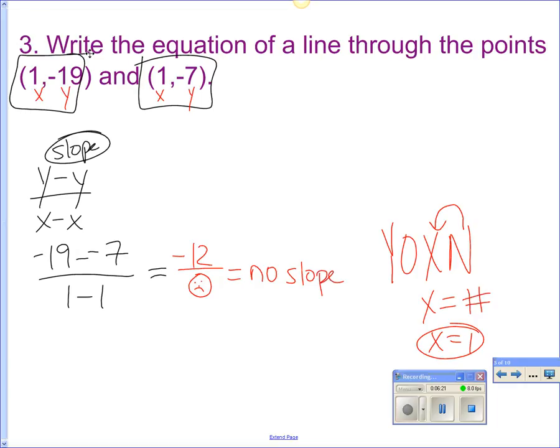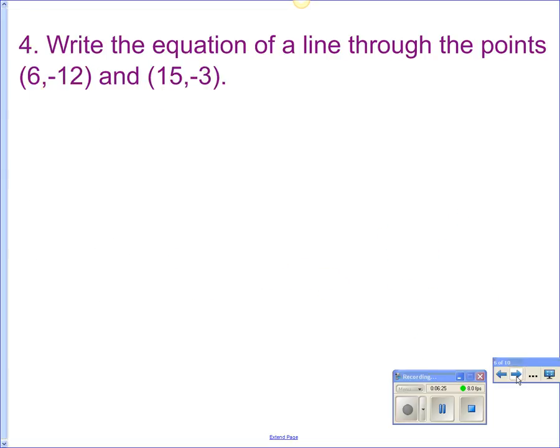Okay. Other questions? Okay. Number 4, write the equation of a line through the points (6, -12) and (15, -3). All right, Ethan G., what am I going to do first?